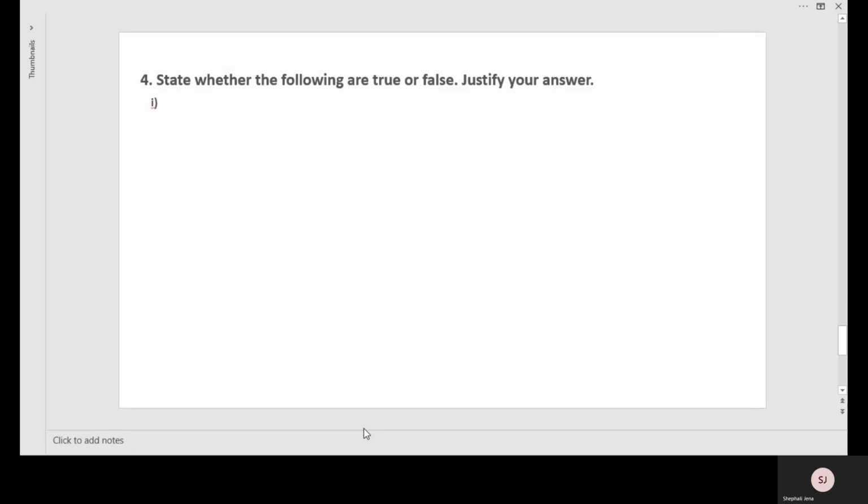Clear? Now fourth question, state whether the following are true or false. Now we will know so many angles' values, easily we can find. So sin(A plus B) equals sin A plus sin B, it is given in the question. It is not possible.